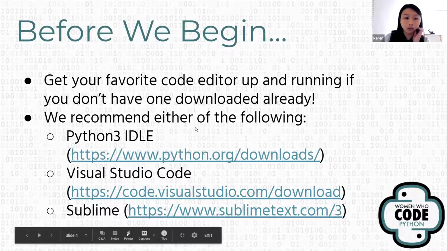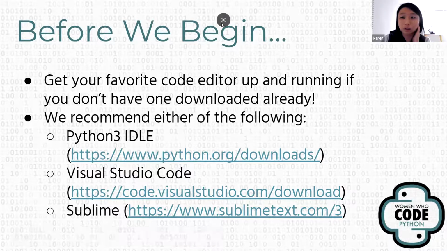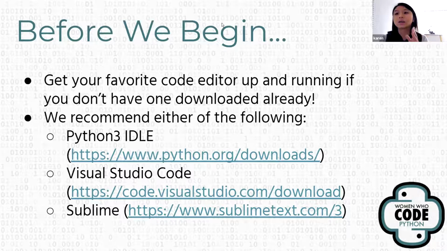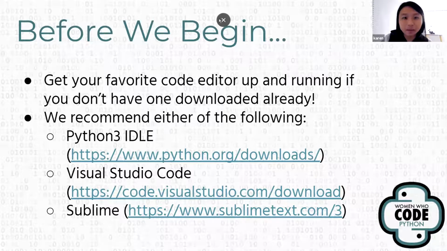Right now I'm going to show you how to open a terminal from the Windows side, and then Rishika will show how to open the terminal from the Mac side.